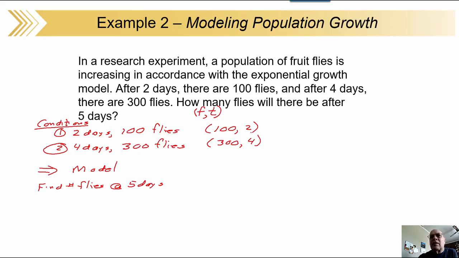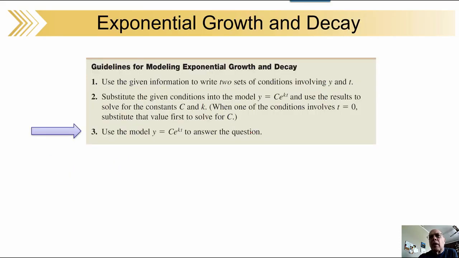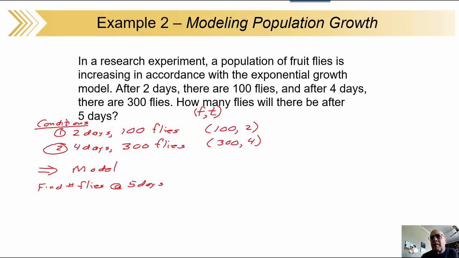Well, let's go back here a second. Here's the model that we're trying to get. So our model is going to start looking like this. This is the model with nothing filled in yet.